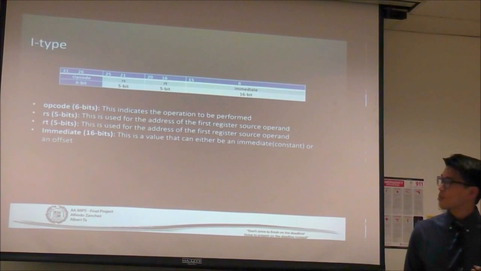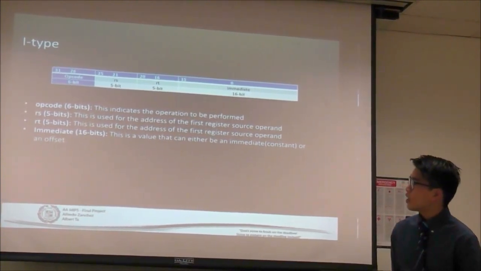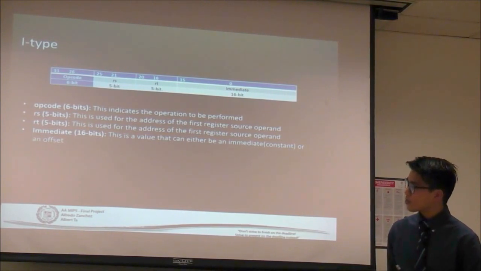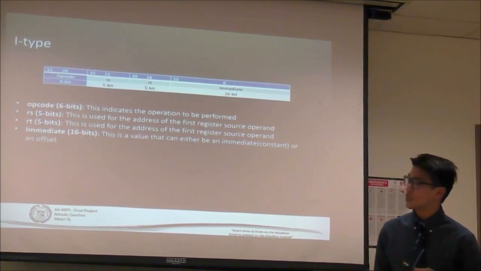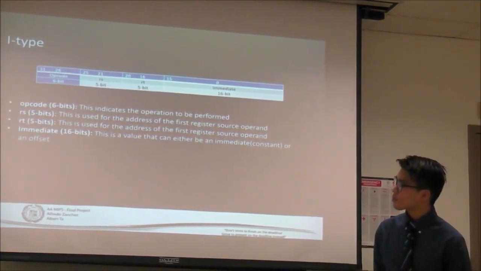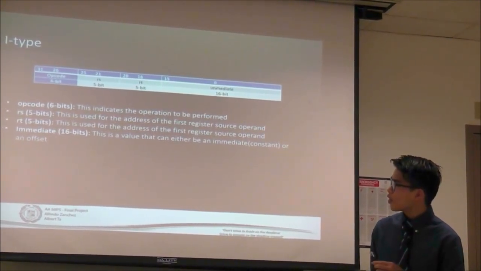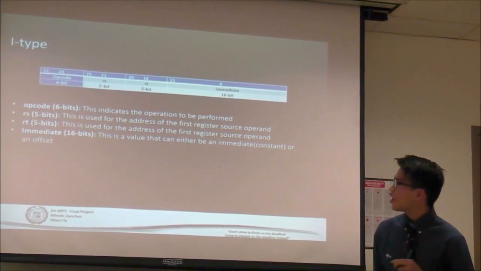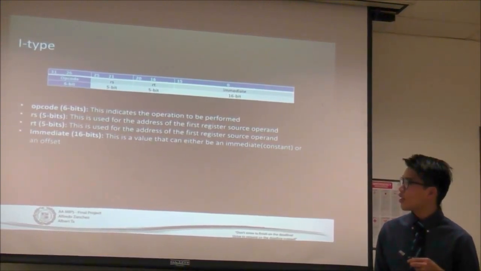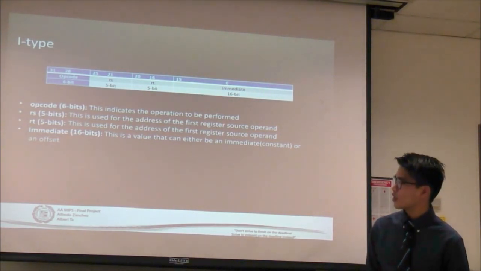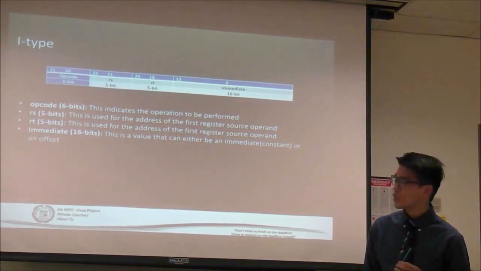So our next type is the I-type. Unlike the R-type, we don't have an RD, but instead we have a 16-bit immediate value. Whatever data or calculations we perform will be stored in RT instead of RD.